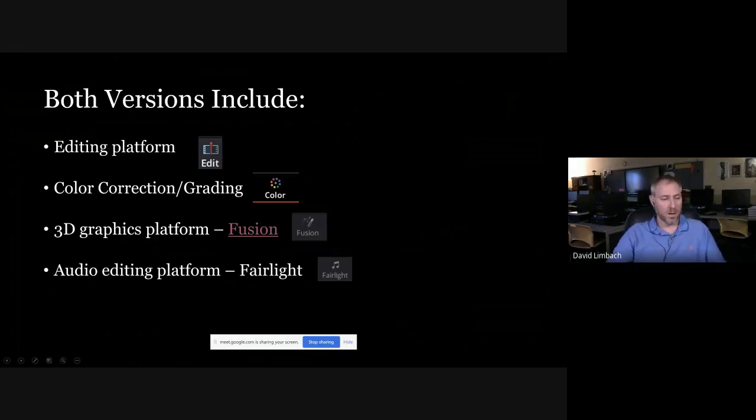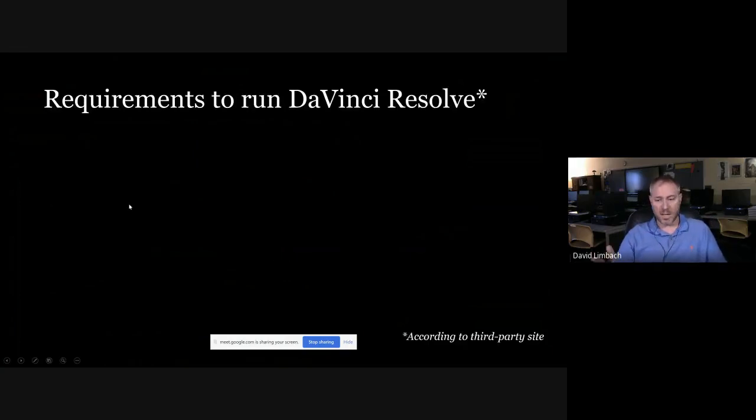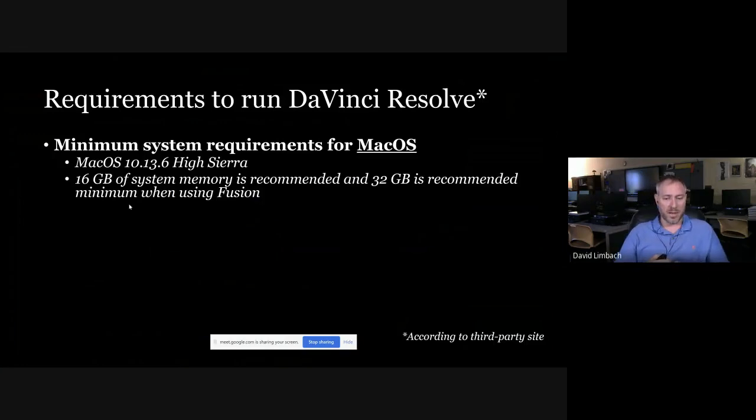It's done. So just as a little side note, the system requirements, according to a third-party site that I've found. I haven't found this specifically on Blackmagic's site, but this site benchmarked it. This is what they recommend for Mac users: at least Mac OS 10 or higher, which I think is where we are right now. I'm not a Mac user, so you guys who are on Macs could probably tell me. 16 gigs of memory at least, 32 is recommended when using your graphics, the 3D Fusion.